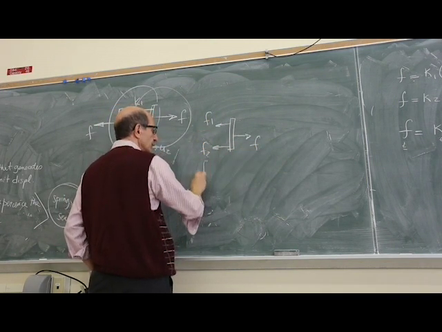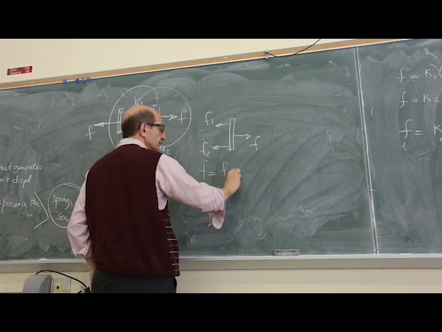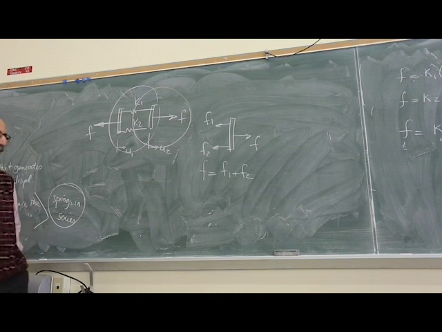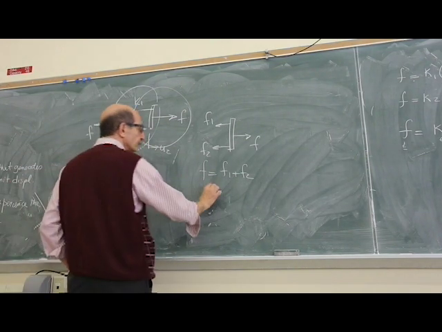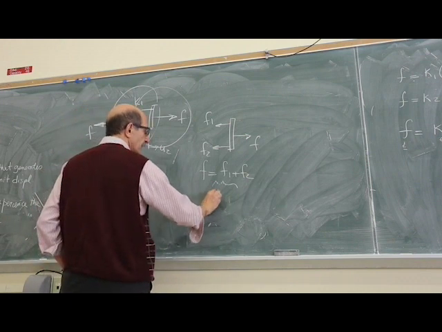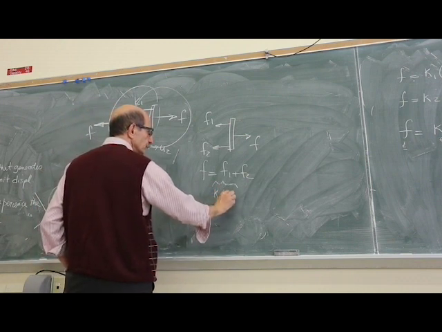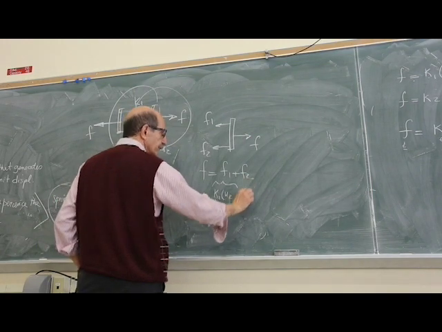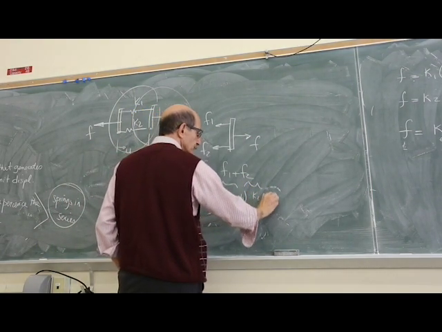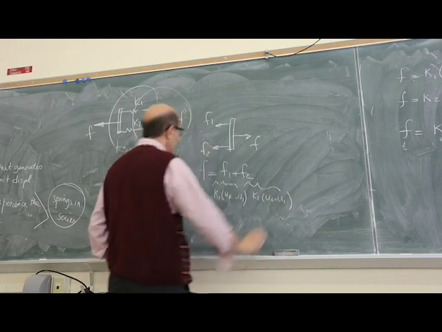F would be the sum of the forces that each spring experiences due to its deformation. So F1 is K1 times U2 minus U1. And F2 is K2 times U2 minus U1.